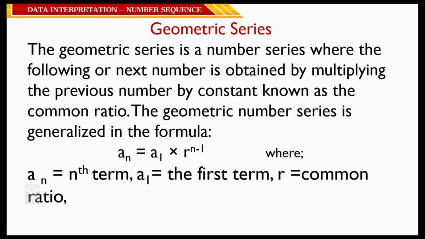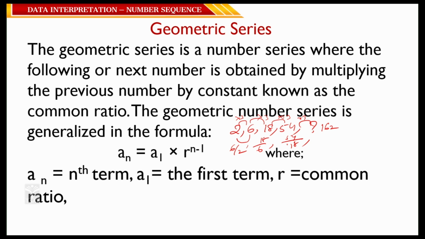For example, if you say 2, 6, 18, 54, what is the next number? 6 by 2 is 3, 18 by 6 is 3, 54 by 18 is 3, or 2 3s are 6, 6 3s are 18, 18 3s are 54. So, what is the next number? 54 3s are 162. So, the next number is 162.